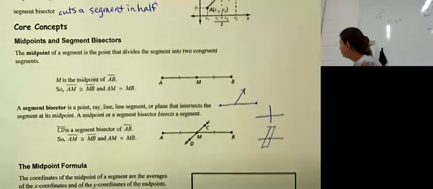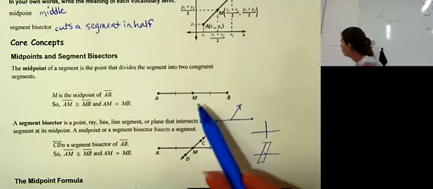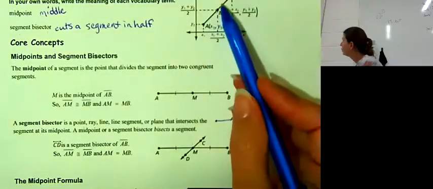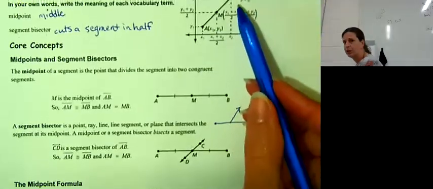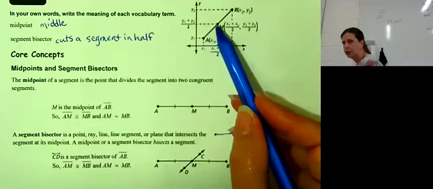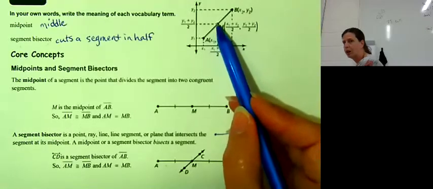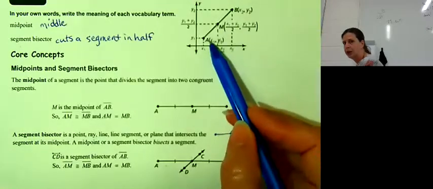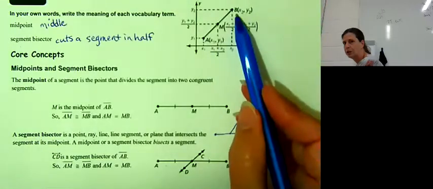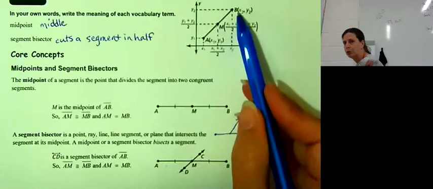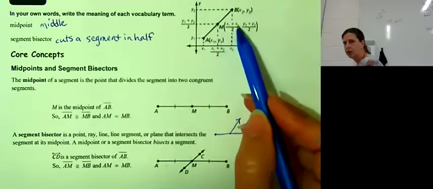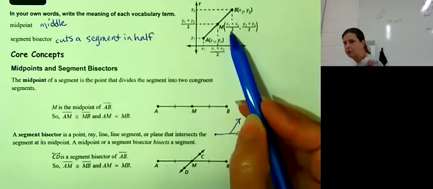So when you start getting these, when they're horizontal and vertical, we found those last week. When you start getting them at an angle, they're a little harder. We can't just find the difference of the absolute value of the x's or the y's. So to find the middle, we actually need to find the middle point. So to find the midpoint, if A is at a coordinate and B is at a coordinate, then the midpoint is when we find the middle of the two x values. So we have to add those together and divide by 2.